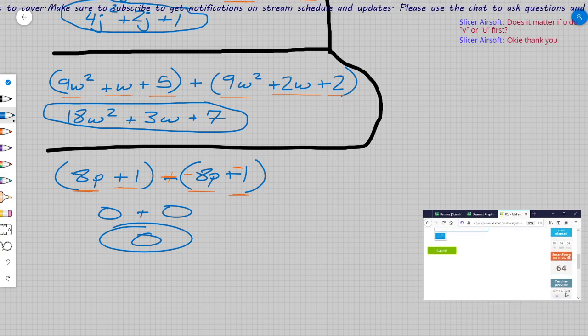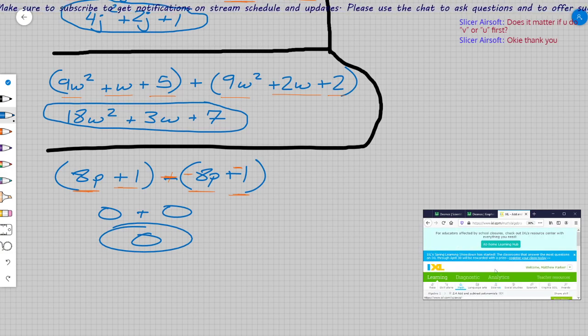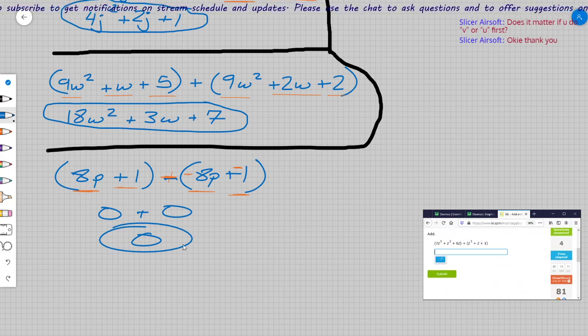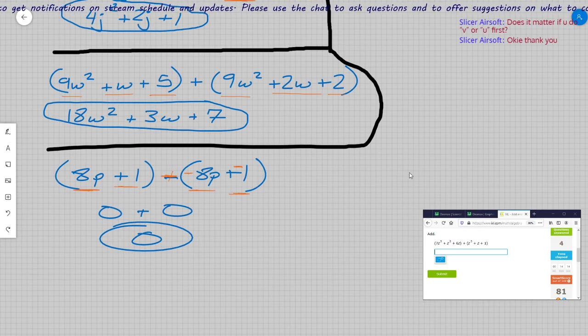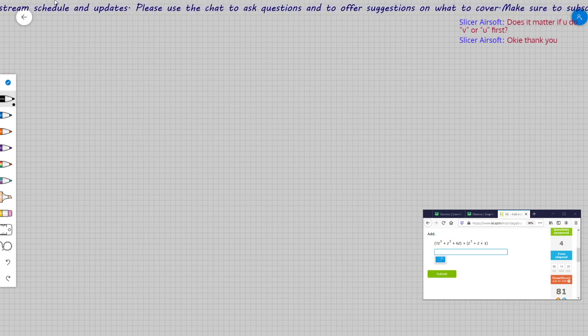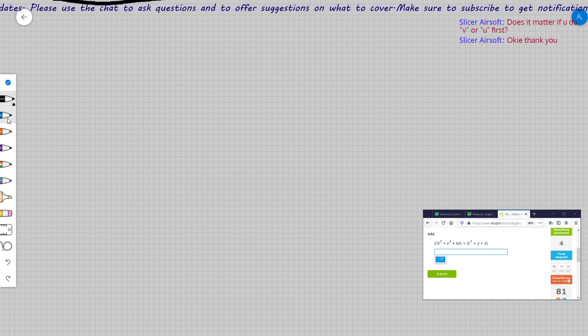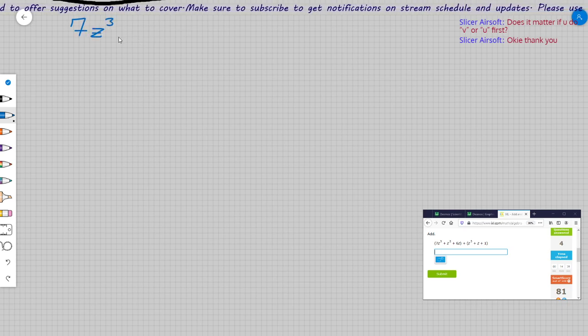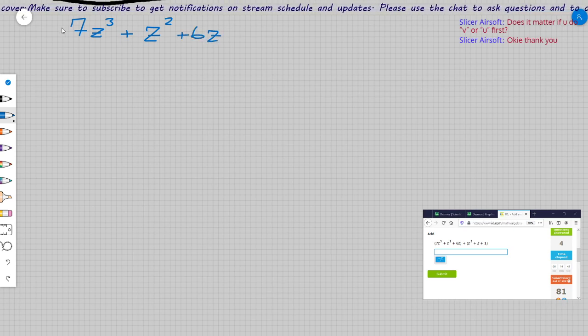So I'm going to jump up a level. And I'm just going to scooch this down just so we can get some more space. So 7z cubed plus z squared plus 6z.